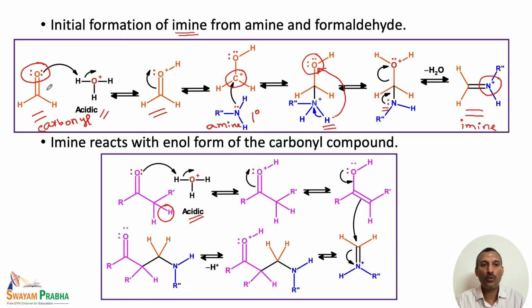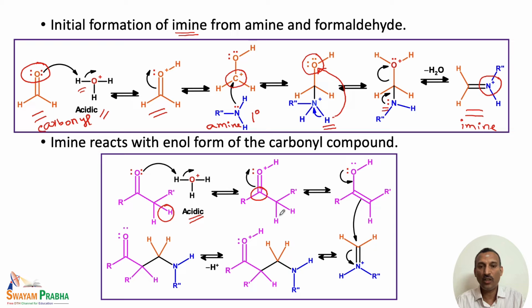Similar to the normal carbonyl addition we have seen here, the proton adds to the carbonyl oxygen, and the steps of how the reaction proceeds are more or less similar up to here, the formation of the carbocation. Here the corresponding carbon becomes more electrophilic in nature.